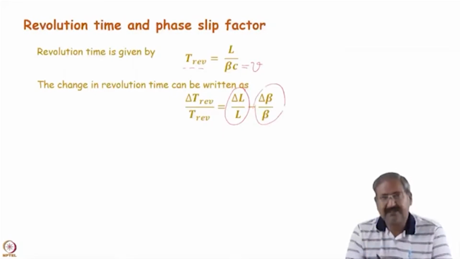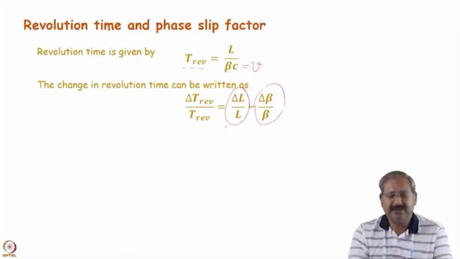Now as a particle travels at higher momentum, the bending magnet bends less, so it will traverse a larger orbit, meaning the path length will increase. So it will increase the revolution time. At the same time, because of the higher momentum, its speed may be higher, and because of the higher speed, its revolution time will decrease.